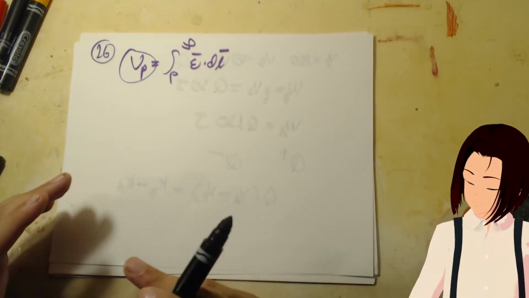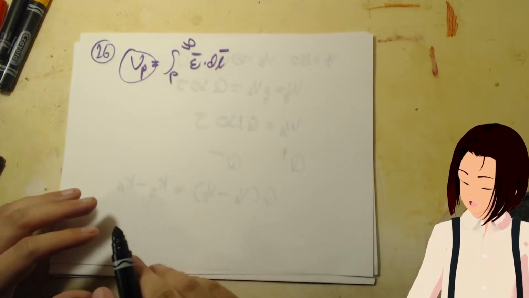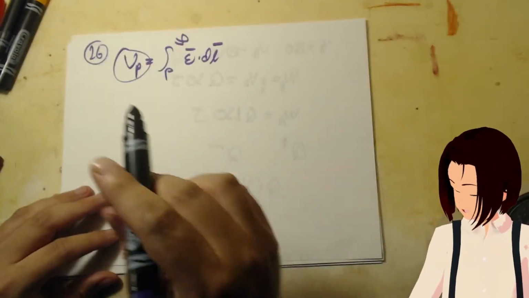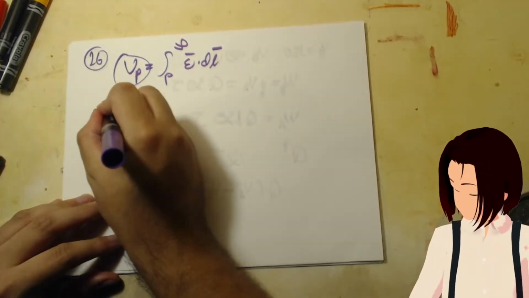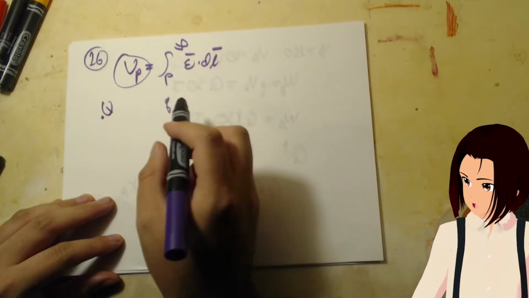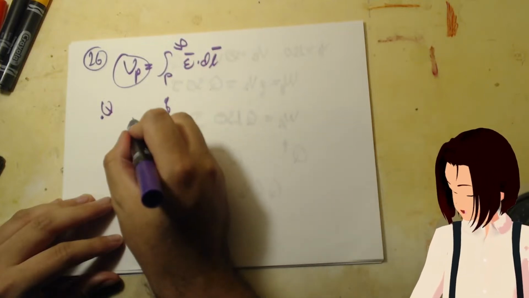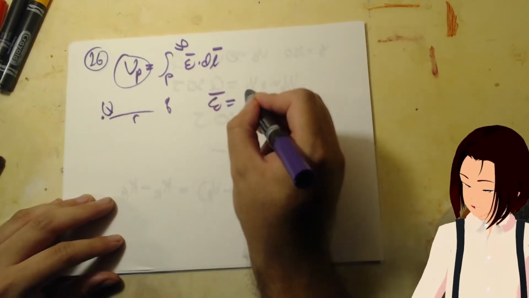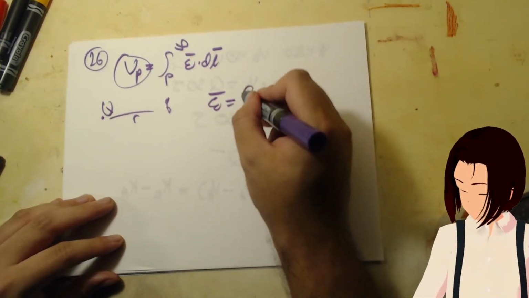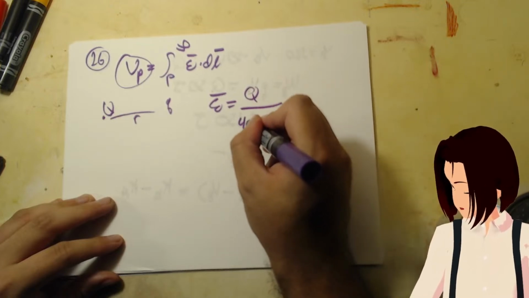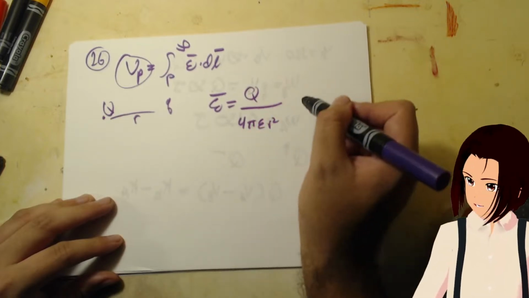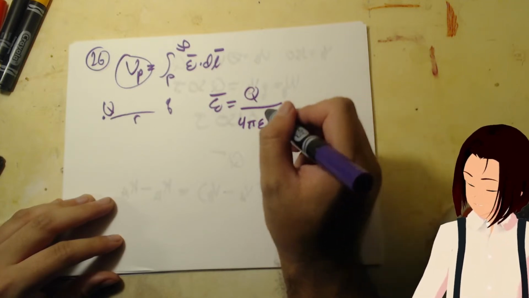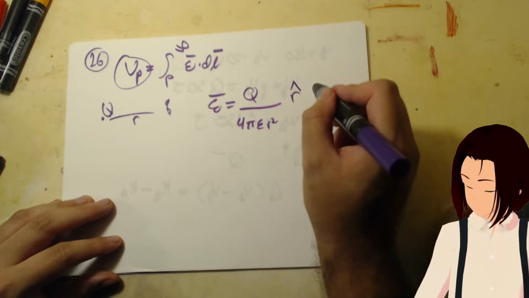So we know, from point charge Q and little q and the distance r, from our past problems, from before the Van de Graaff, we have this.